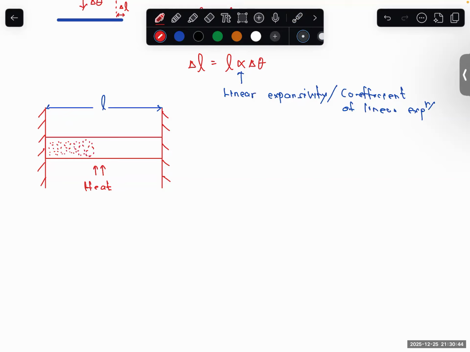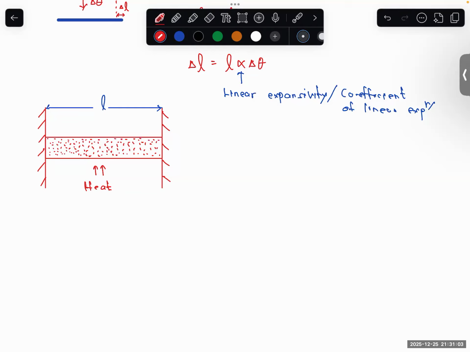Yes. But will it expand? No. Yes, because it is attached between two rigid walls. So the walls will not allow expansion.